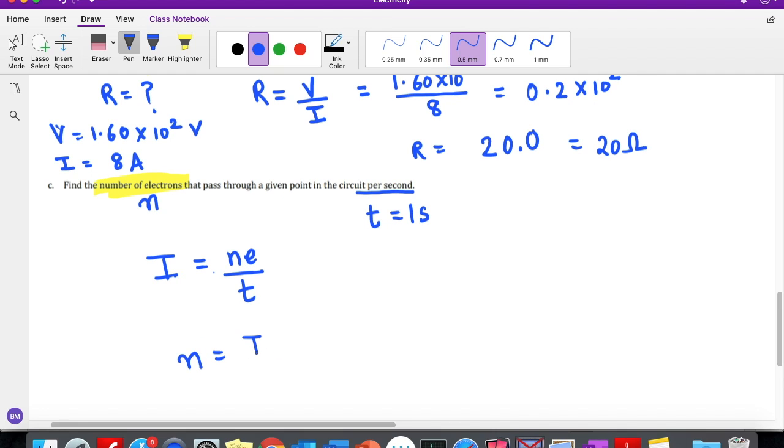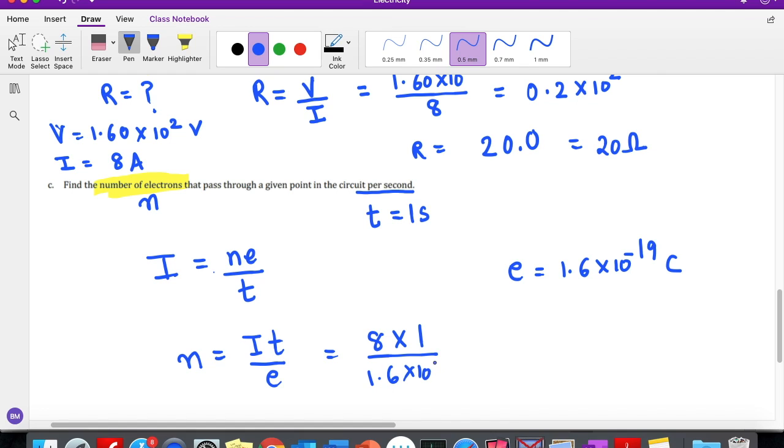N is equal to It over e. I is 8, time is 1 second, and e we know the value is 1.6 into 10 to the power negative 19 coulomb. So we'll put that here, 1.6 into 10 to the power of negative 19.